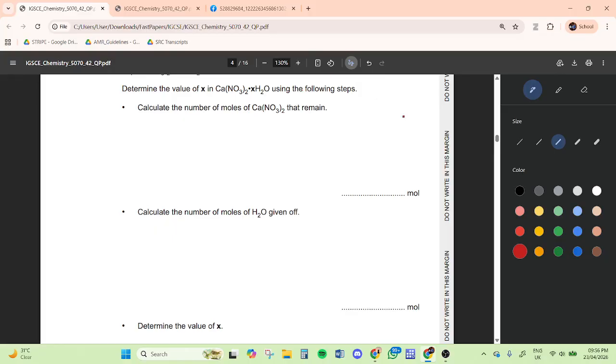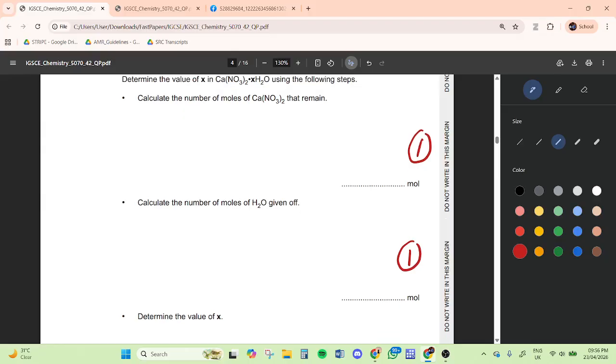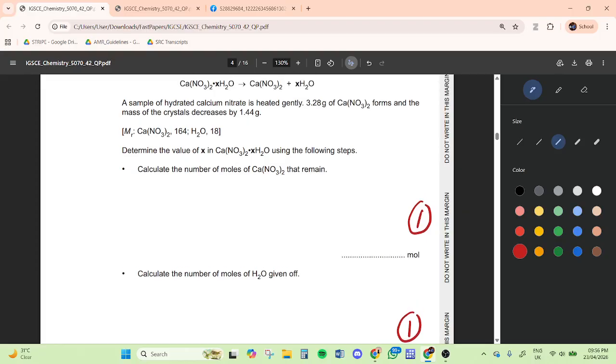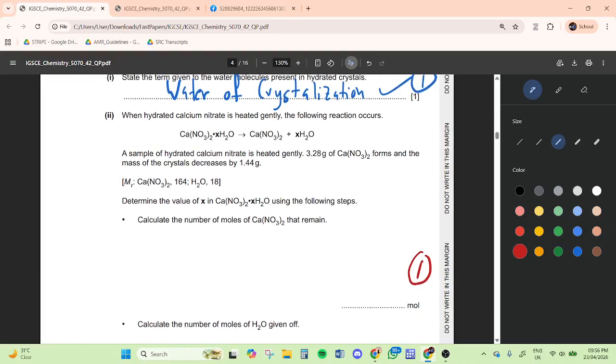So you're going to get 1 mark for this step, 1 mark for this step, and 1 mark for this step. As long as you follow the instructions and you don't panic, it's a very easy mark to get. So let's take a look. When hydrated calcium nitrate is heated gently, the following reaction occurs. Calcium nitrate XH2O gives you calcium nitrate plus H2O. A sample of hydrated calcium nitrate is heated gently.